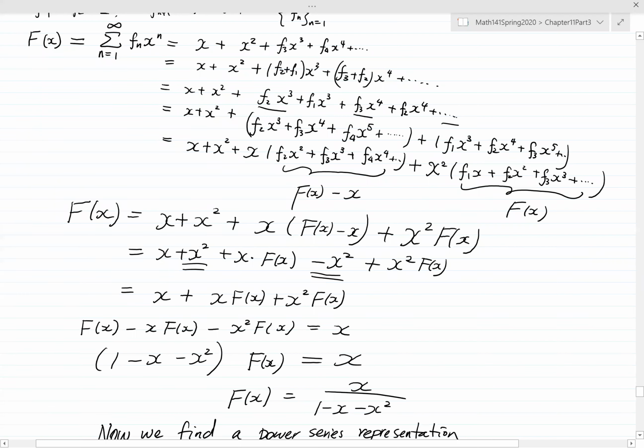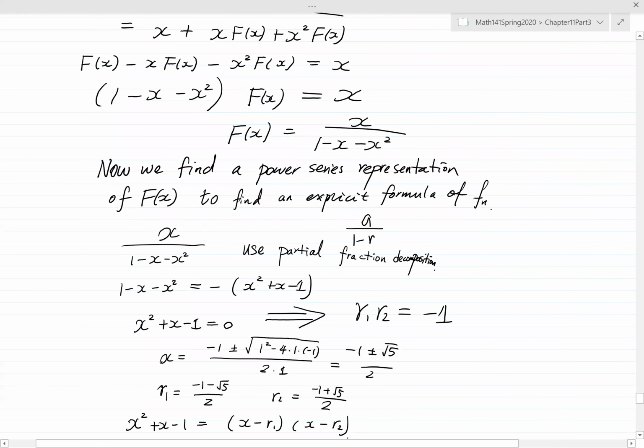Once we find the closed explicit form, we use algebra techniques to expand it and find its power series. Then we compare the coefficients of the power series so that we recover our original sequence. So this is the idea of the generating function.